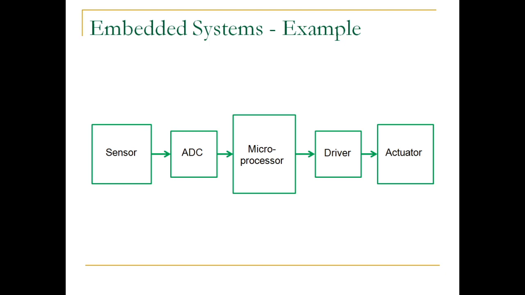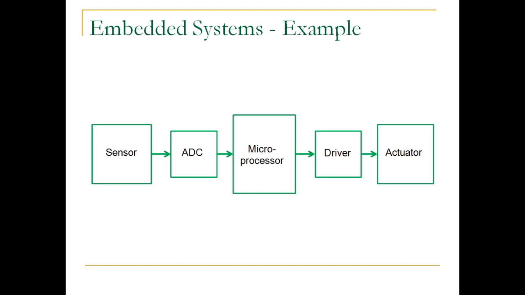Then why are you using the intermediate blocks? Say for example, you are using a basic temperature sensor, say LM35. The output of the temperature sensor LM35 will be analog in nature, right? But the microprocessor you are using is a complex digital device. So how will you send an analog signal to a digital device?